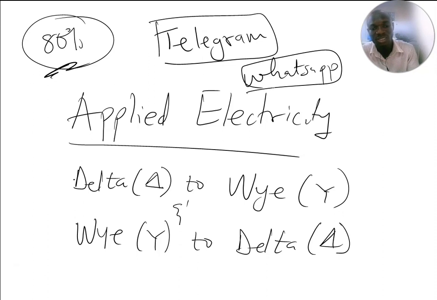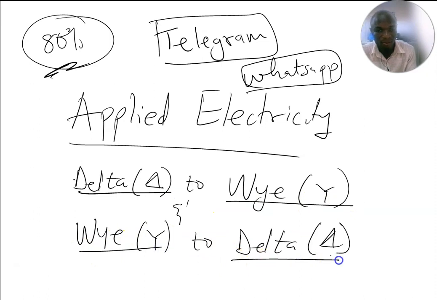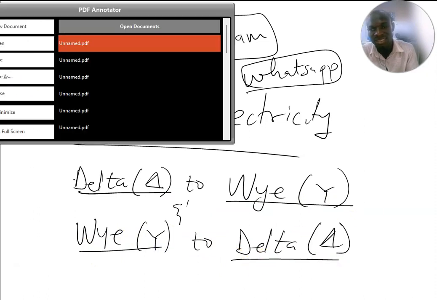Okay, so to set the ball rolling, today our lesson is going to focus on how to convert a delta to a Y, and a Y to a delta. You get it? So let's start.